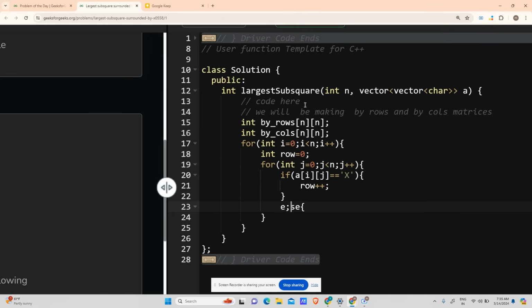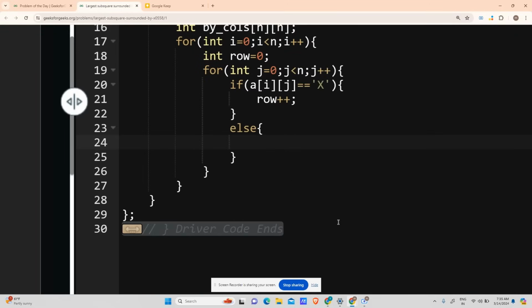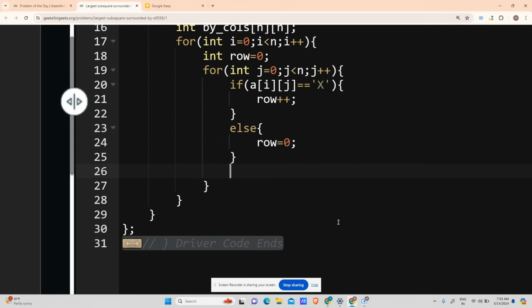Else if it is not x, then what is it? It is 0, and in the case of 0 it will convert back to 0. We had discussed it while solving the problem, right? In that case row equals to 0, that is, reset the value, right? And at last, after both of them, I will do by rows of i j as row.